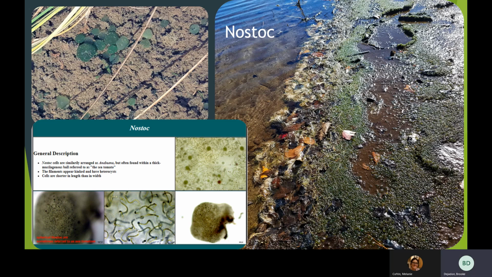So yeah, I'll just go off on a tangent real quick on toxicity because I don't know that I really cover it in this. We don't try to identify a species all the time because a species here might be toxic and not toxic in Europe, and it might be identified as the same species. Sometimes it has to do with the chemistry of the water.